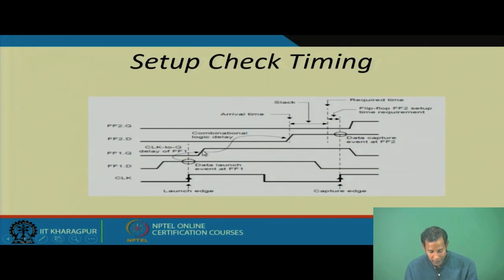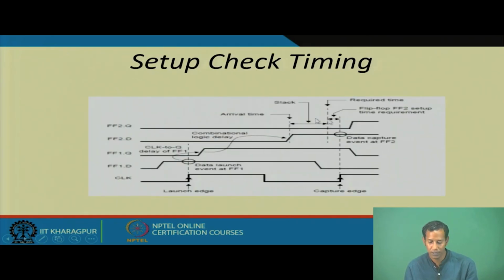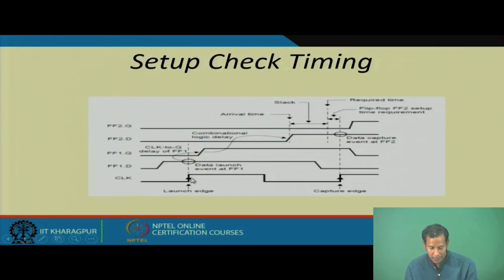So, this will arrive here because of the combinational logic delay. Then at the next clock edge, both flip flops will try to find the value of their data.